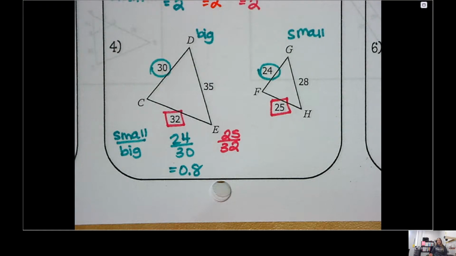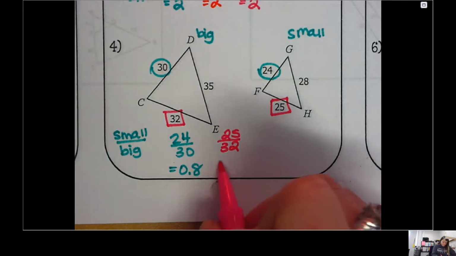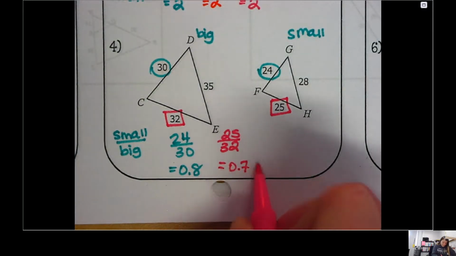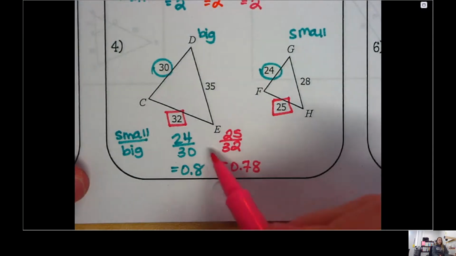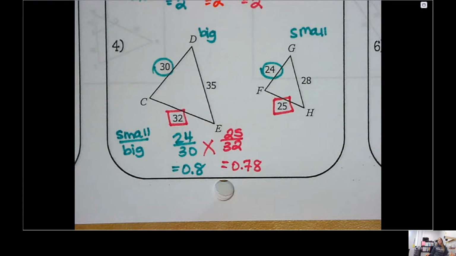Put it in your calculator, because I know you don't know it off the top of your head. You had 0.78, whatever. Are those the same? No, not rounding. Are they exactly the same? No.